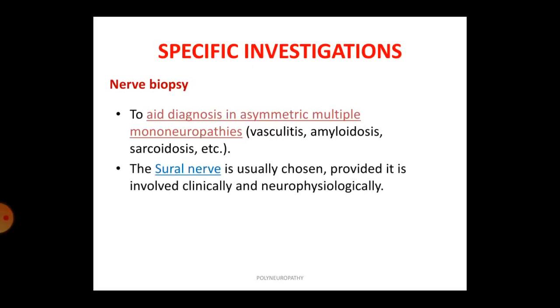Generally, the sural nerve will be taken. Why? Because if the sural nerve is damaged during the biopsy procedure, it does not have any motor supply. It is a purely sensory nerve, and that is on the lateral aspect of the foot. So in case that sural nerve is compromised, the functional impairment will be minimal.